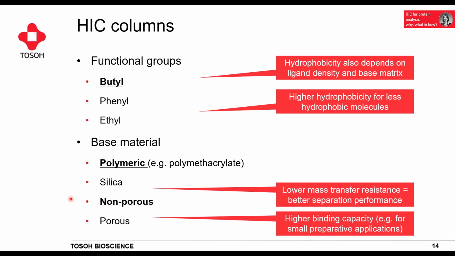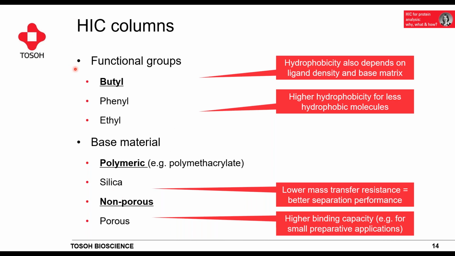We also typically find a preference for non-porous columns, just because they have a very low mass transfer resistance, which is why they show very sharp peaks, at least for hydrophobic interaction chromatography, and fast analysis, whereas porous columns are rather used for semi-preparative applications.